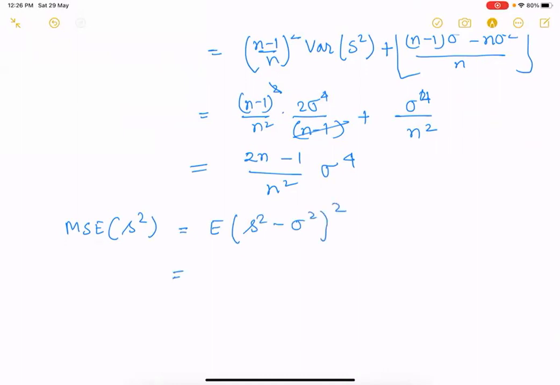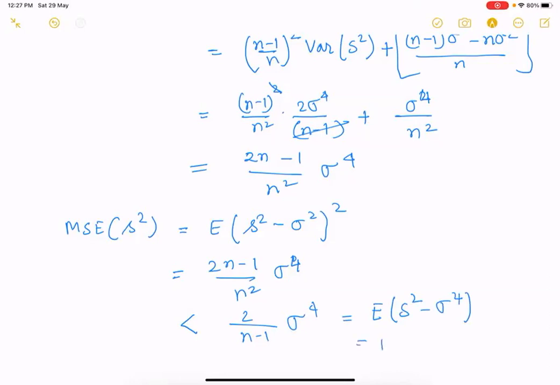So we can clearly write 2n minus 1 by n square times sigma to the power 4. Now clearly this one is less than 2 by n minus 1 times sigma to the power 4, which is the expected value of capital S square minus sigma square, whole square, which is the mean square error of capital S square.